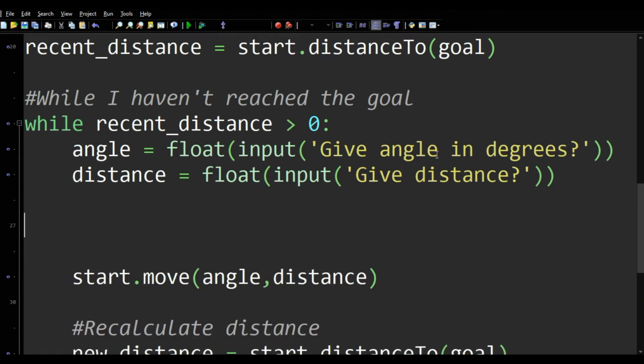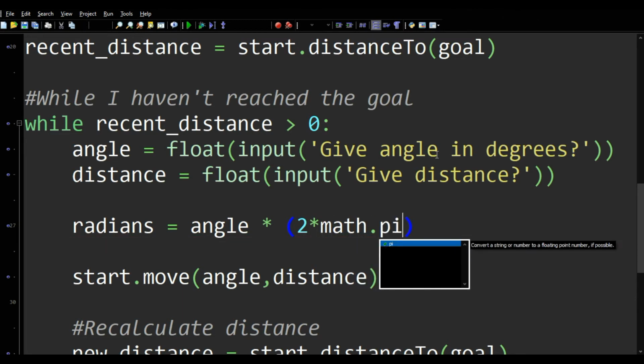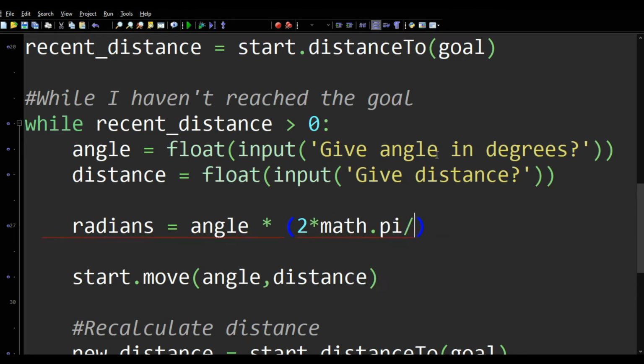And now we need to convert it. So let's name our new variable radians. And the conversion is, you notice how I said that 360 degrees is the same as 2 pi radians. So what we can do is take the angle in degrees and multiply by 2 pi radians divided by 360. So this is our conversion factor that will change degrees to radians.